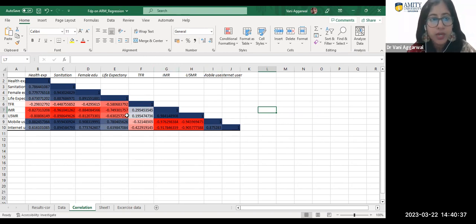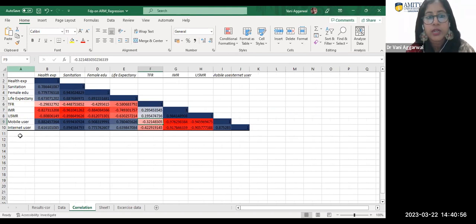For example, the lightest pink: the lowest correlation is between health expenditure and total fertility rate. Or another lowest correlation is this one, mobile user and total fertility rate.